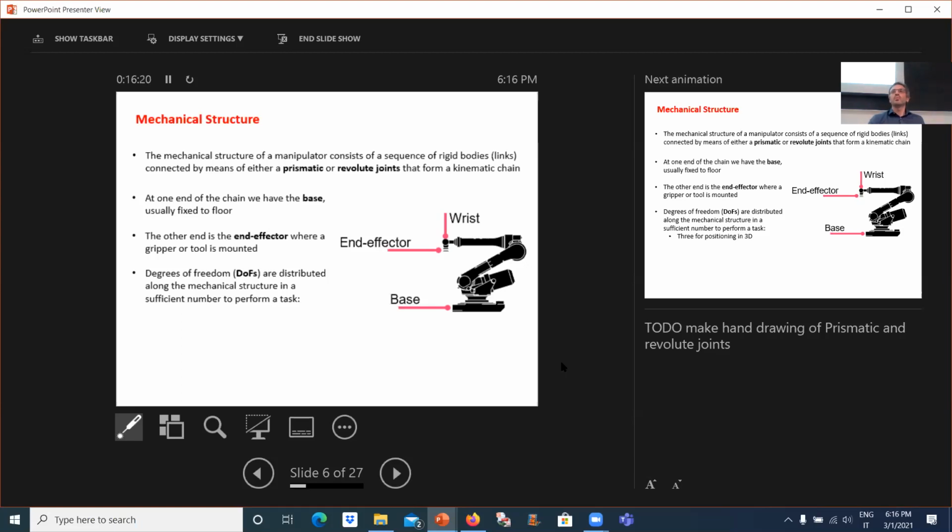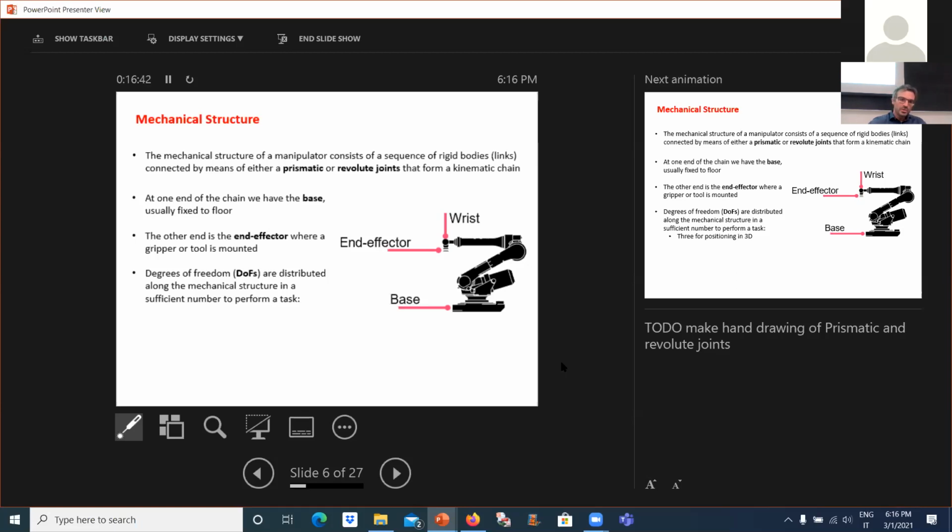So in your opinion, how many degrees of freedom does a robot need to position the end effector in the Cartesian space? Just the position. 3. Position and the orientation only? 3.